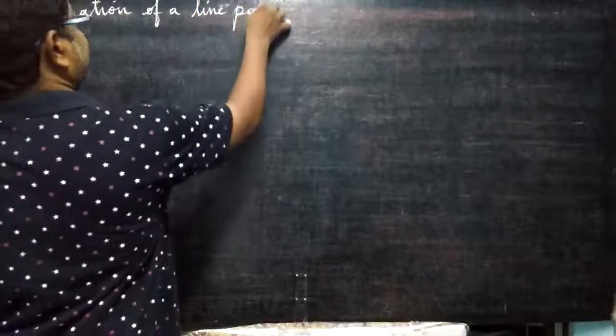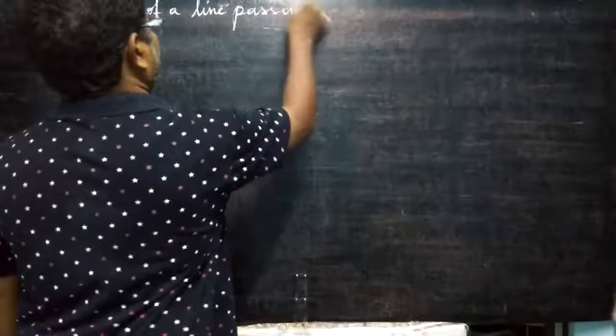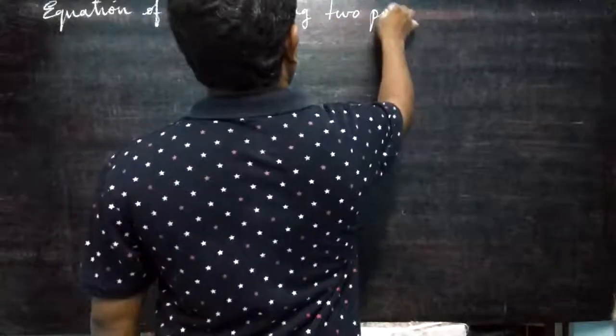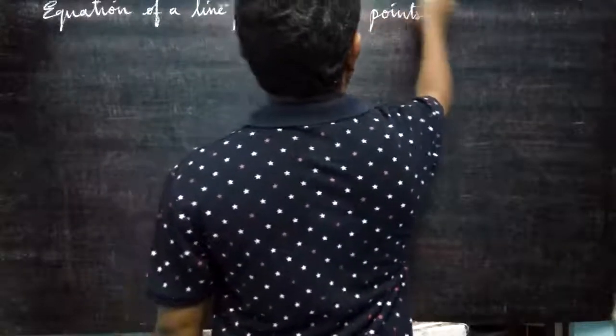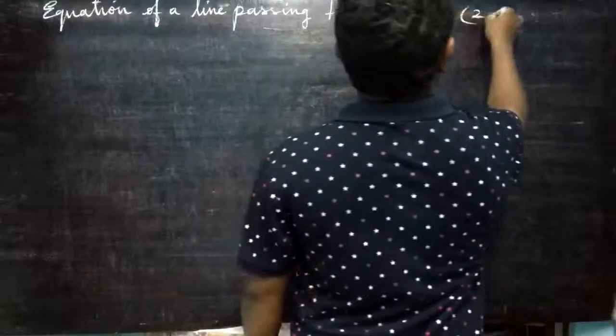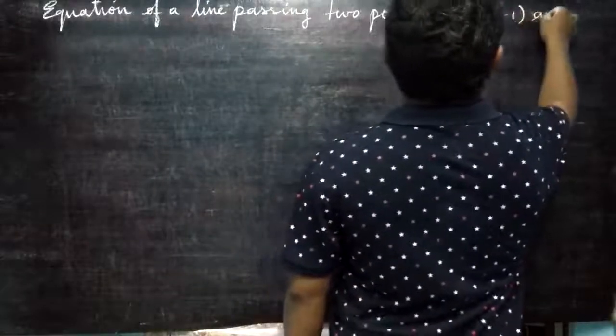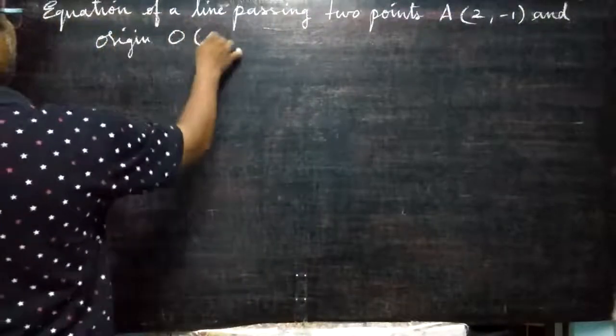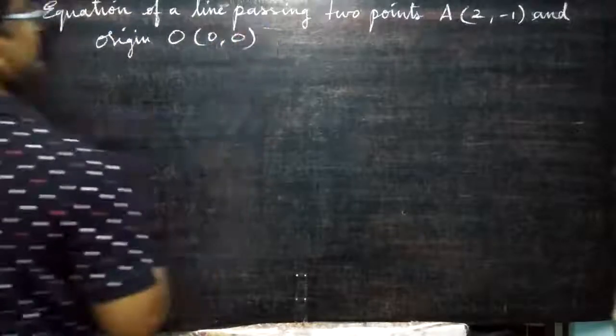Now, equation of a line passing through 2 points. What are those 2 points? Just now we got A as 2 comma minus 1 and origin O 0 comma 0.